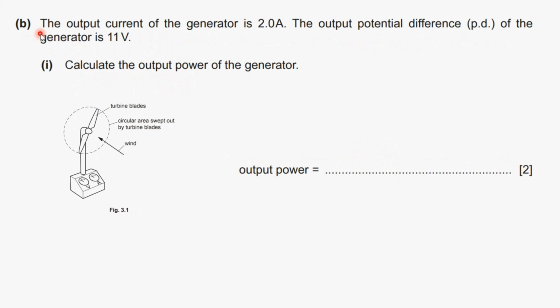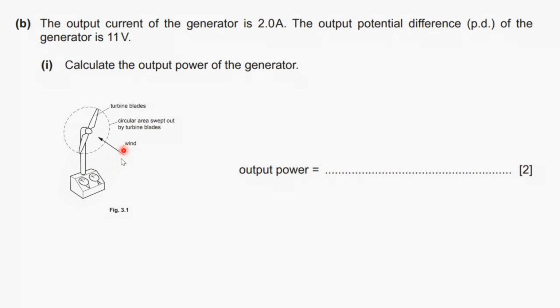In section B, the output current of the generator is 2 ampere. Wow, now the examiner changed the question totally. We understood from the previous part that the kinetic energy as an input is converted into electrical energy to make the generator work, or to get electrical energy as an output.